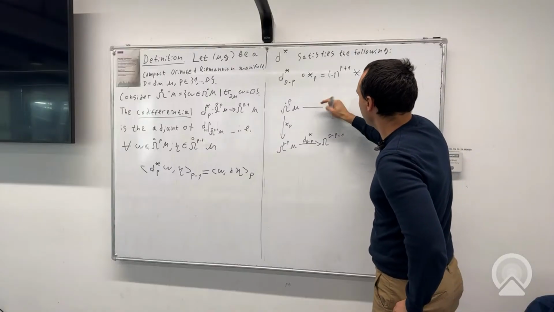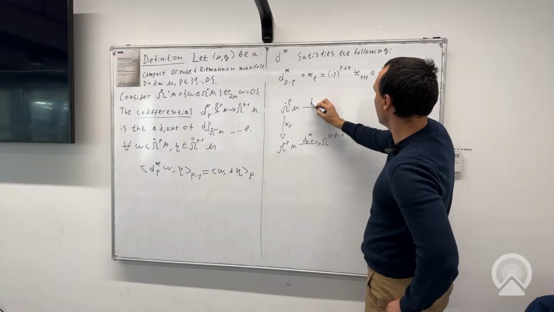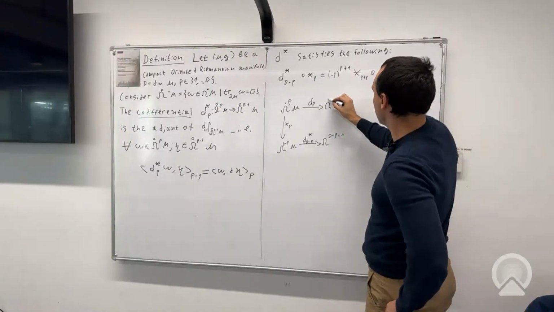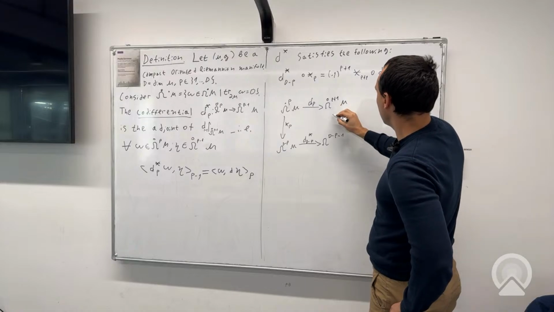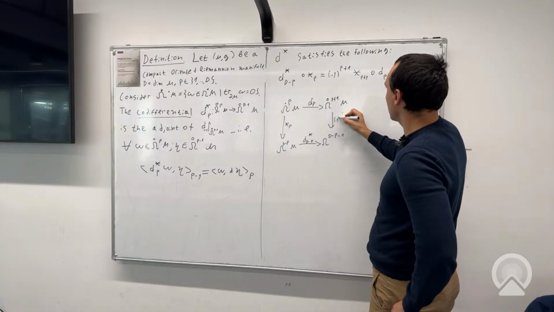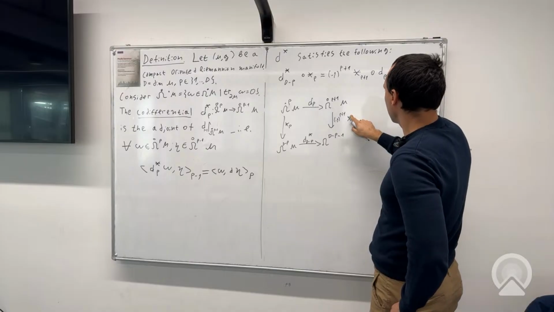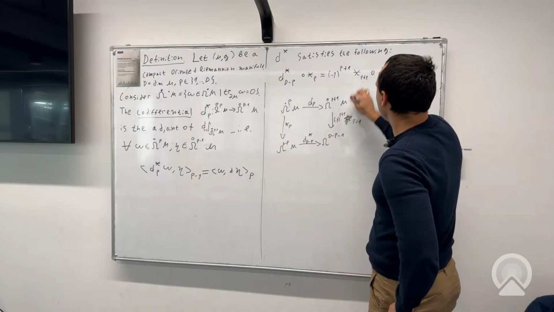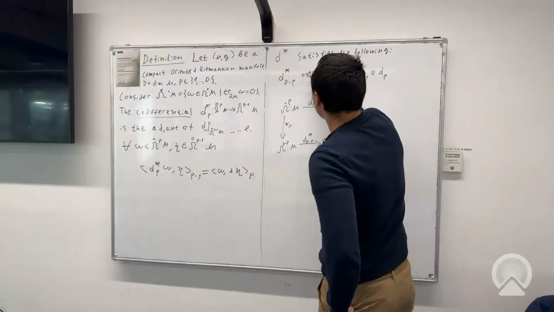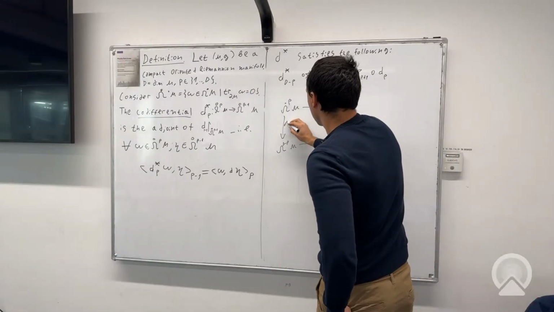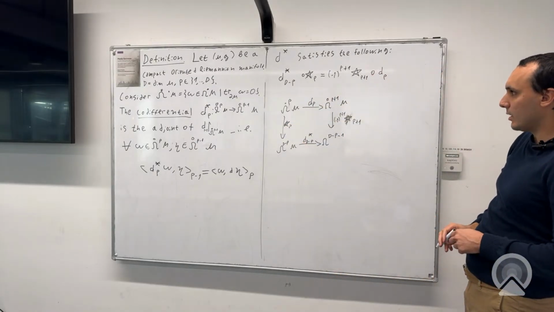And here we have dp, omega p plus 1. And here we apply minus 1 to the power of p plus 1 star p plus 1. Sorry, I have to write star like that. So we have this diagram here.